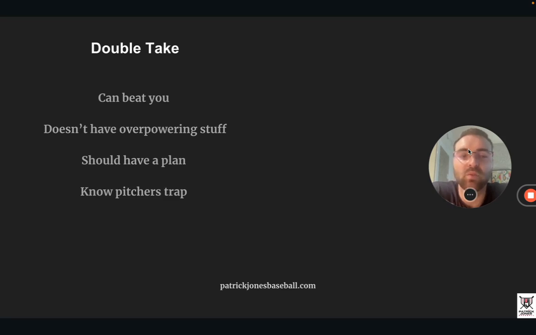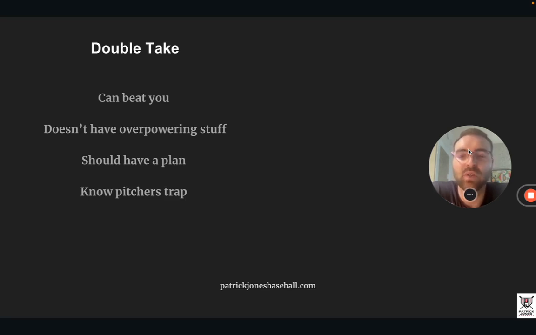There's that type of pitcher that if we just overlook completely, before you know it, we'll have one run in the seventh inning, and we end up losing the game 3-1. That's this type of pitcher. So we need to have some type of a plan, and we need to understand the pitcher's trap. Even though they don't have overpowering stuff, they can still pitch.